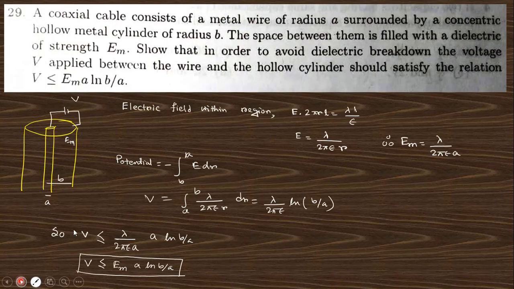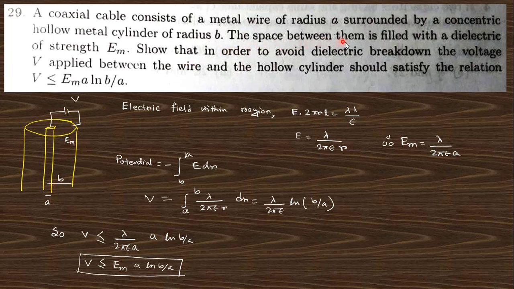Next question. A coaxial cable consists of a metal wire of radius a surrounded by a concentric hollow metal cylinder of radius b. So this is the metal wire a, and this is the concentric hollow cylinder of radius b.